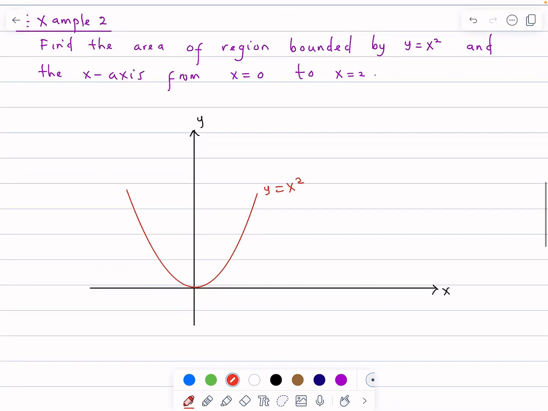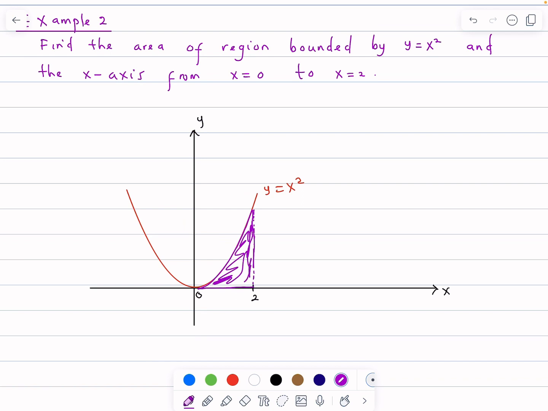So 0 is somewhere here, and then let's say 2 is somewhere here. That means the region, if I want to sketch it, is going to be this curve, then this, and this. See that?